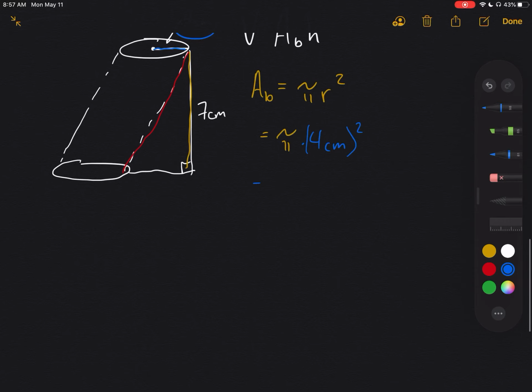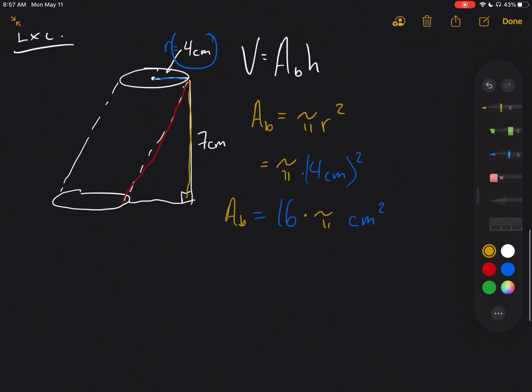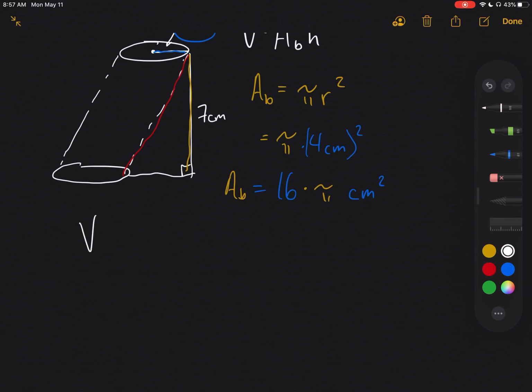Well, 4 squared is 16, so 16 pi, and that'll be centimeters squared, because that's an area. So now we have the area of the base, 16 pi, and the volume is the area of the base, 16 pi centimeters squared, times the height, which is 7 centimeters.